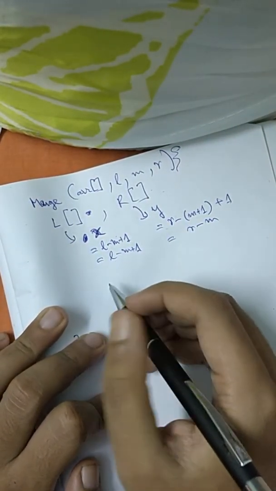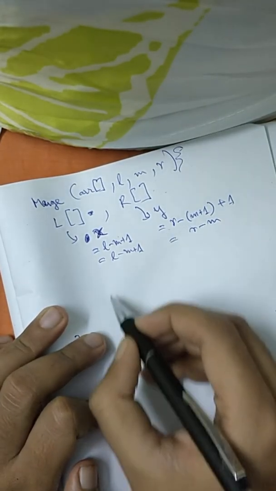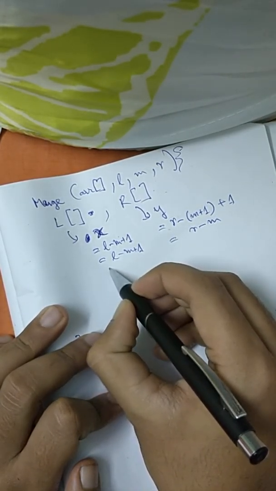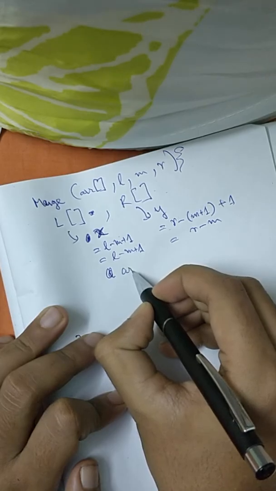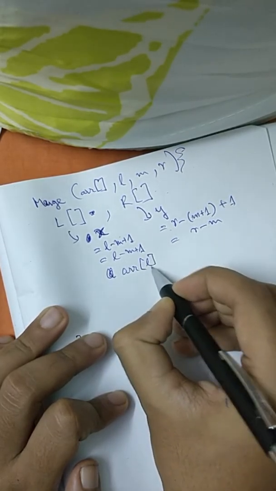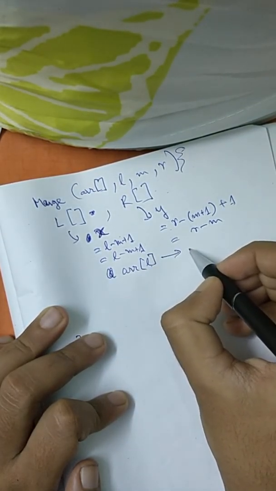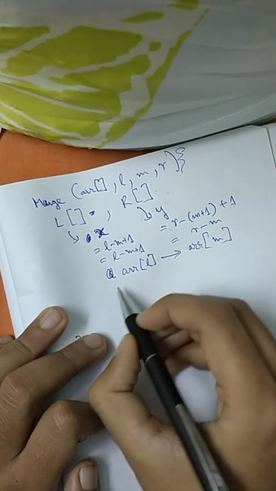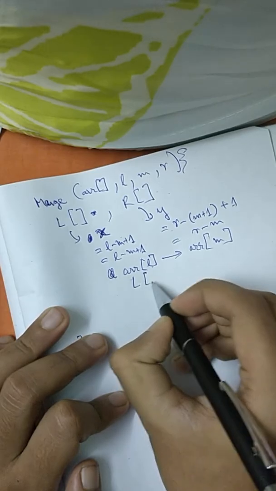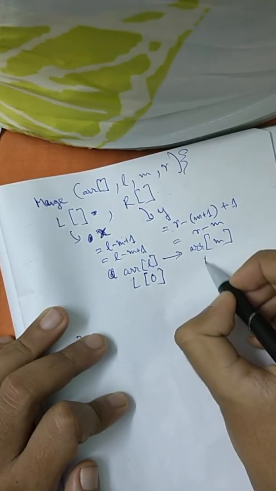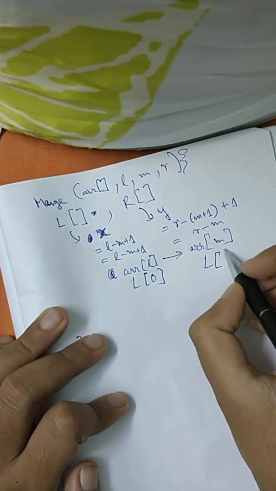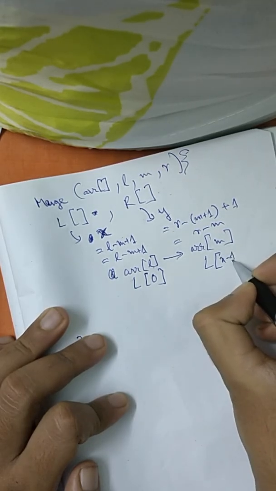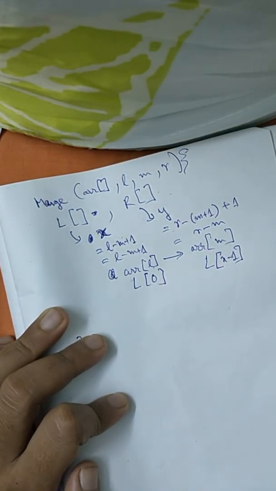So basically we'll copy the first half, that is from ARR[L] to ARR[M], into L[0] to L[X minus 1], okay. That's it.